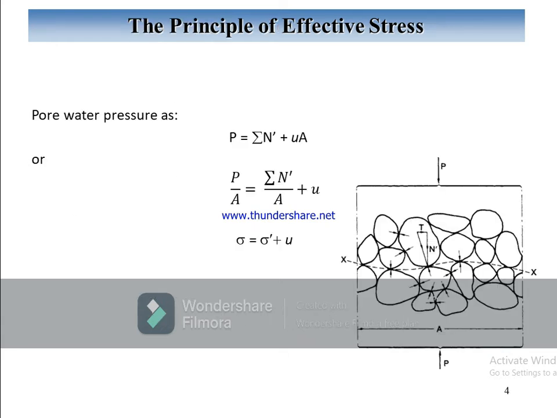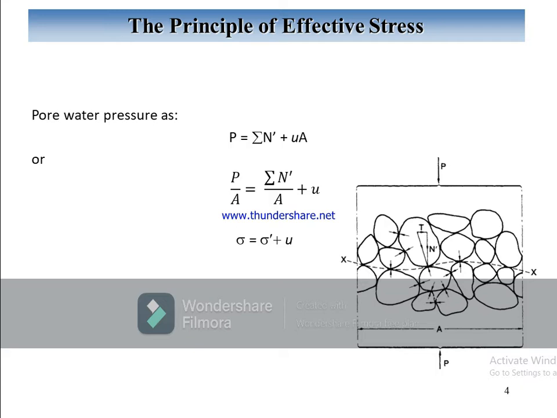Before going to the calculation step, I want to explain some things. The pore water pressure acts equally in all directions, acts on the entire surface of any particle, but is assumed not to change the volume of the particle. Also, the pore water pressure does not cause particles to be pressed together.